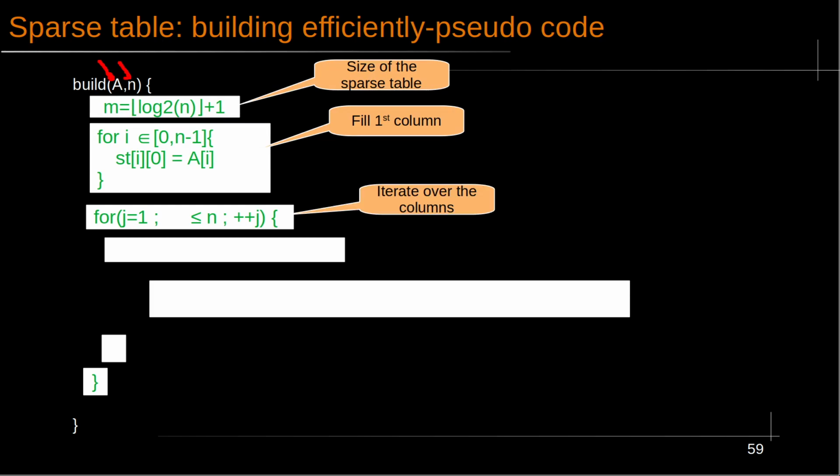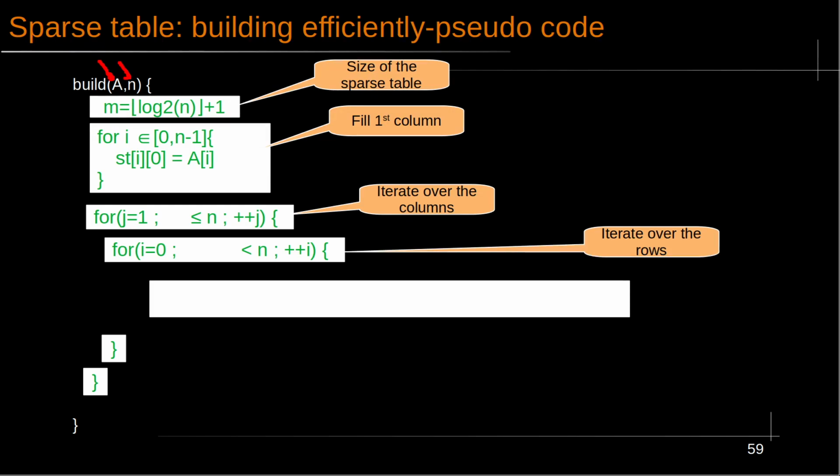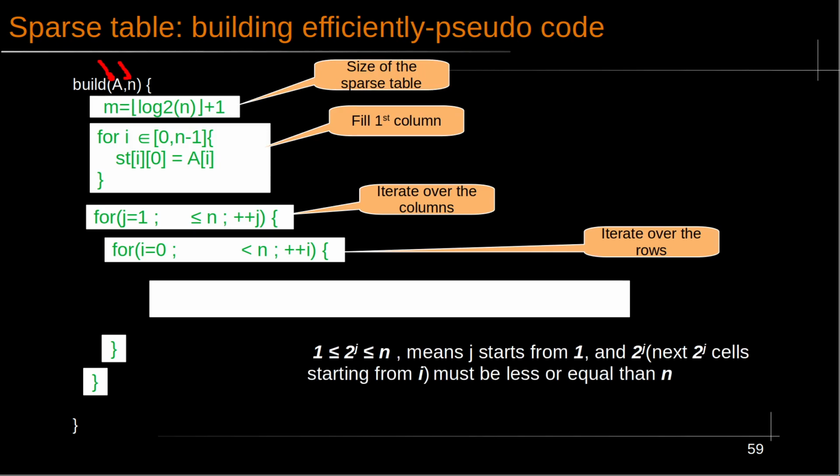Iterate over the columns, then iterate over the rows, and as you have seen previously, every time we're going to take 2 power j elements, so at least we have 1 element, and at most we have n elements.